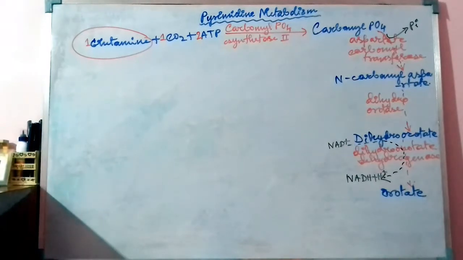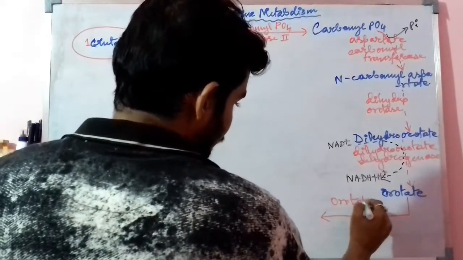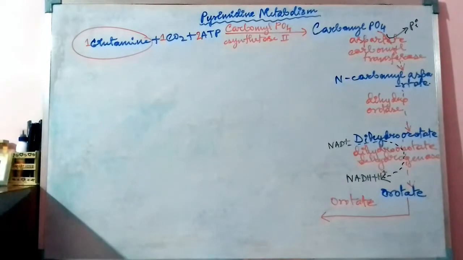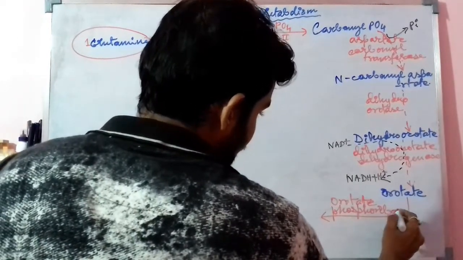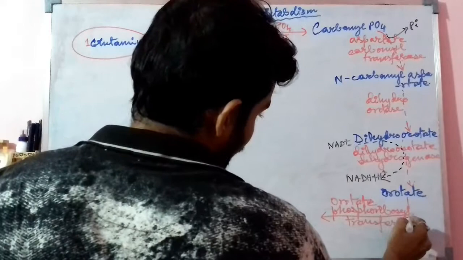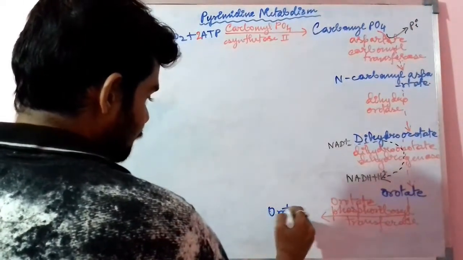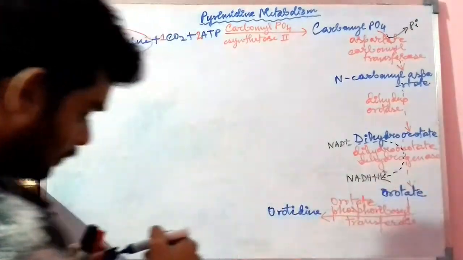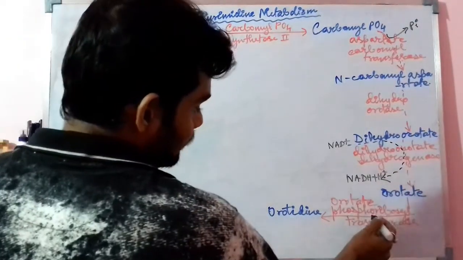Now this orotate, in the presence of orotate phosphoribosyl transferase, gets converted to the product orotidine, along with the liberation of pyrophosphate.